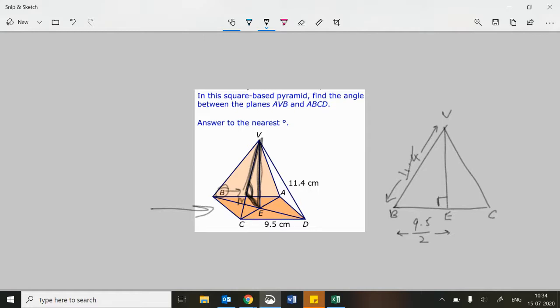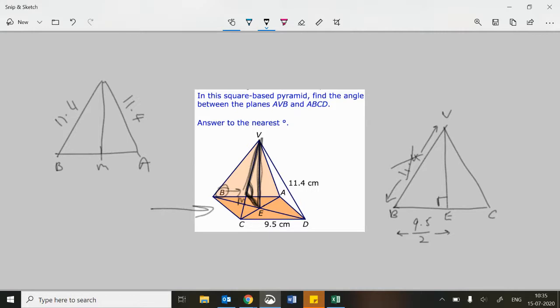So that is wrong. In order to find that out, I'm going to need to take the isosceles triangle, AVB. So I've got 11.4 there, 11.4 there, and this midpoint at the bottom, with B there and A there. I'm going to draw this down as well.